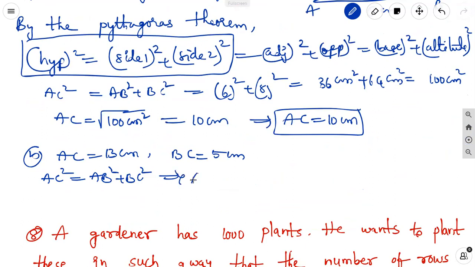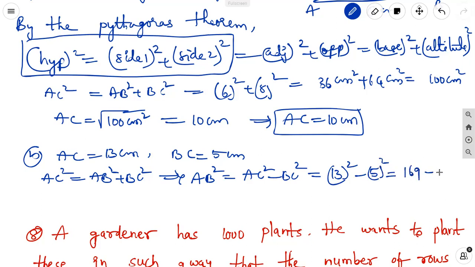From this, AB square equals AC square minus BC square, which is 13 square minus 5 square. 13 square is 169, minus 5 square which is 25. Then AB square equals 144.